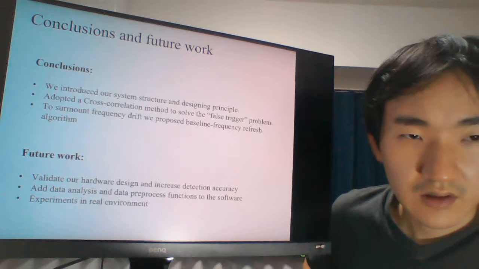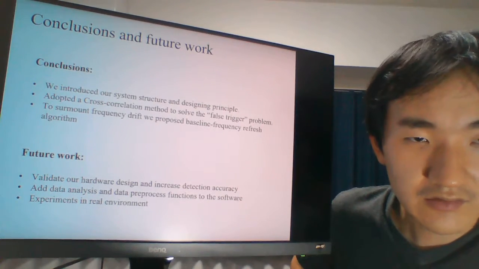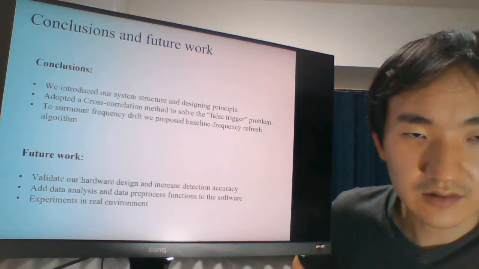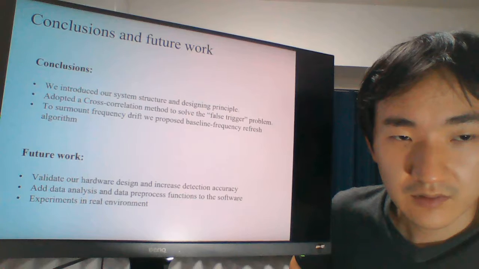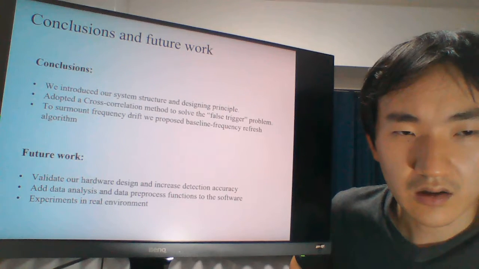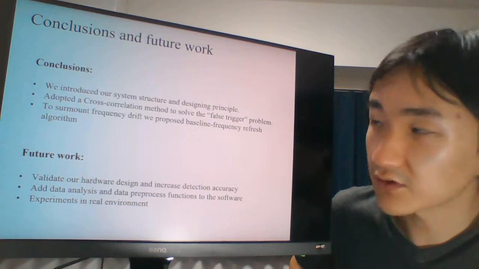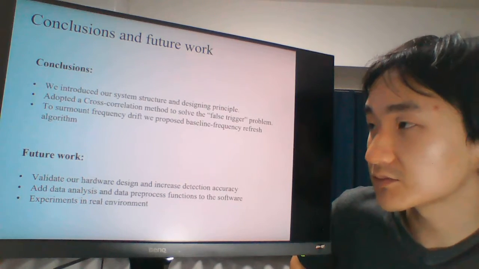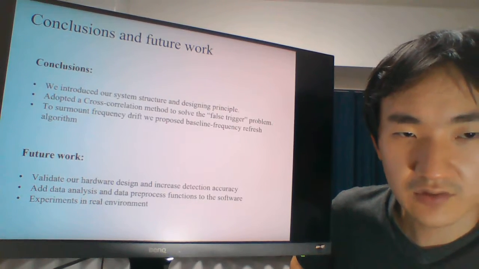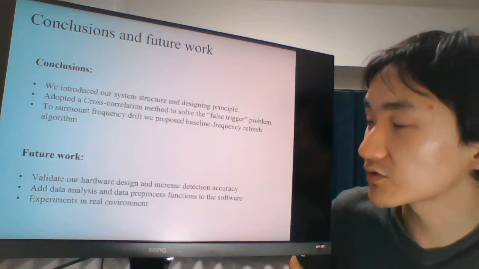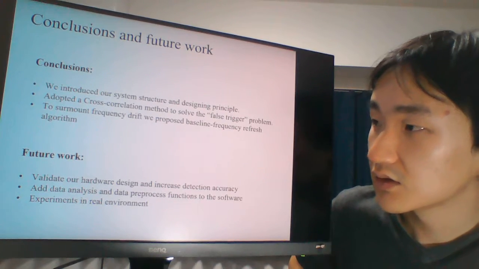So, conclusions. We introduced our system structure and design principle, and adopted a cross-correlation method to solve the false trigger problem. To surmount frequency drift, we proposed a baseline frequency refresh algorithm.